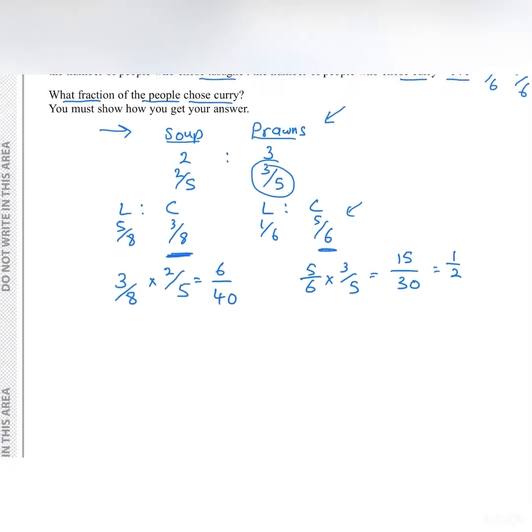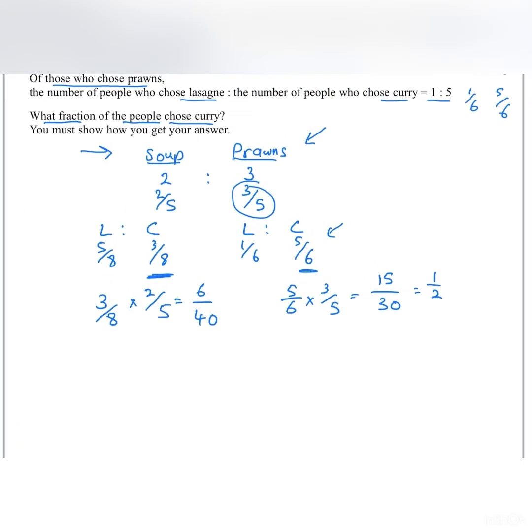Okay, you can cancel them down or you can leave them as they are because you have a calculator. You can work them out on a calculator. But since it's fractions questions, and I don't really like using a calculator for that, so we got 3/20th on this side, plus we got a half on this side.